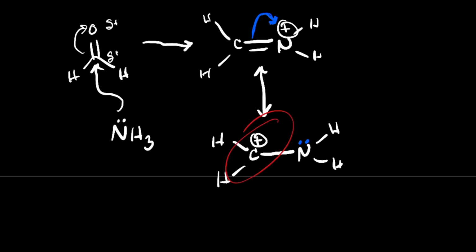You can see up here both of these have full octets. That's a full octet, that's a full octet. They have 8 electrons around them, albeit nitrogen by virtue of its physical nature does not want to share a pair of those electrons, and because it's sharing it now becomes positively charged. With few exceptions, with the exception of boron, a full octet is more stable. So that means that actually this resonance structure is more preferred, and it's kind of hard to describe what that looks like.